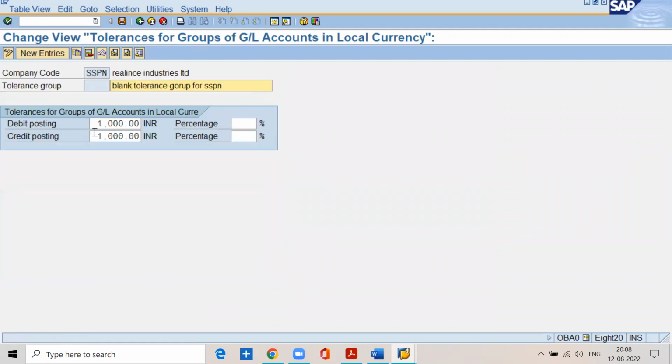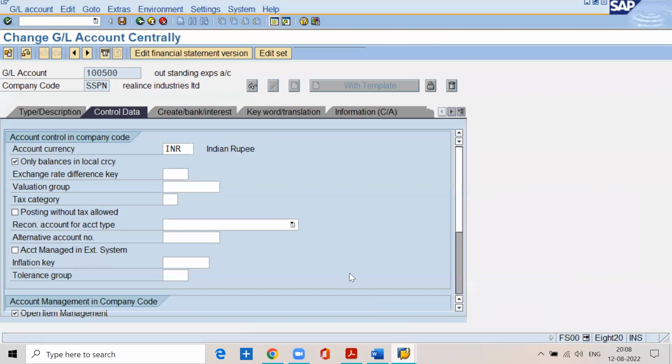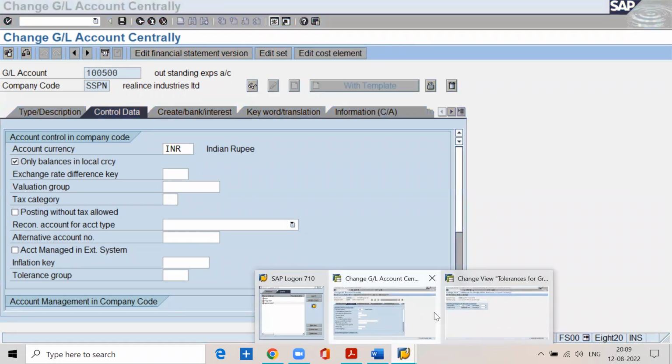For the company code SSPN also, we have defined the blank tolerance group, and we have given the upper limit of 1,000 rupees, right? So in the case of the GL account, outstanding expense account, we did not assign any tolerance group. That means these upper limits are applicable.